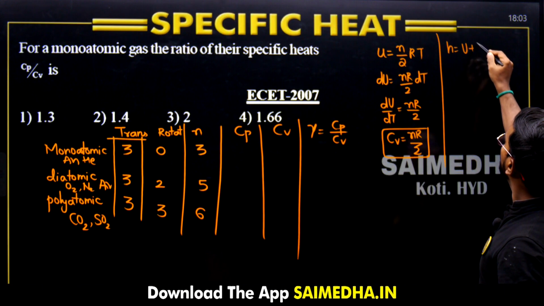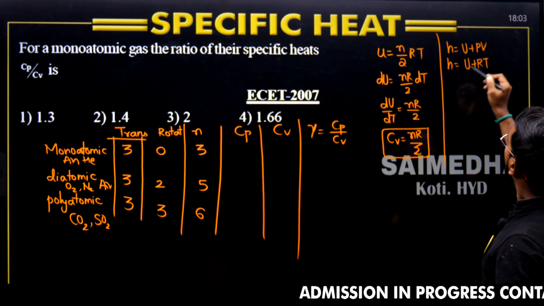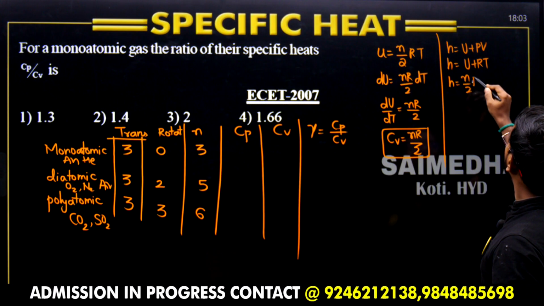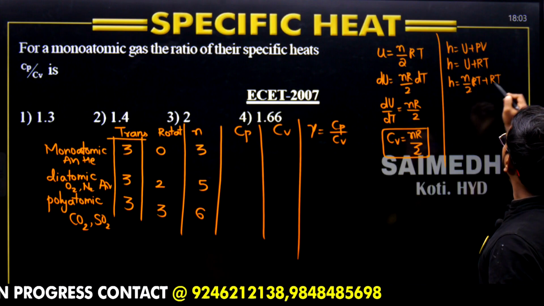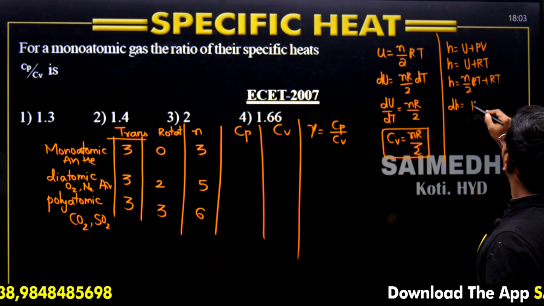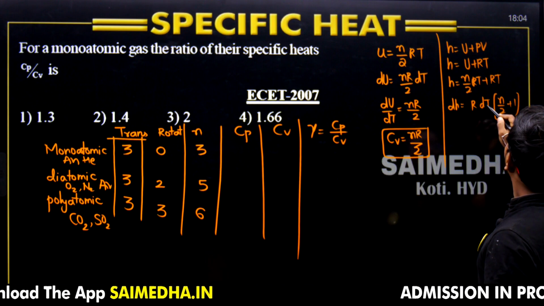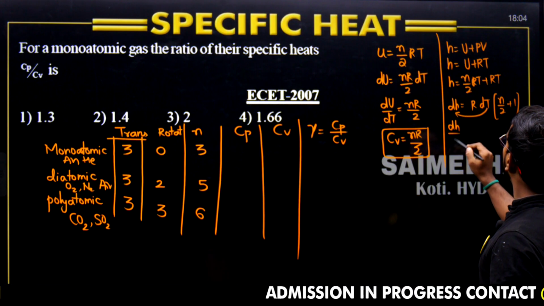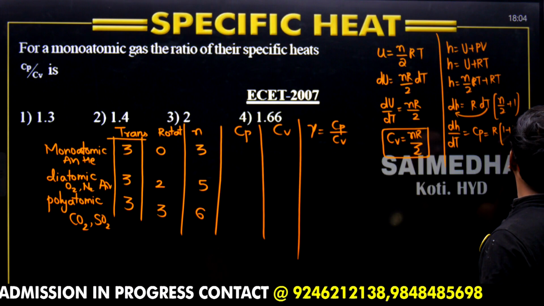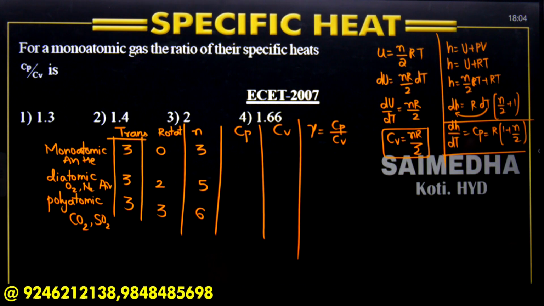H is equal to U plus PV, and PV is RT, so H is equal to N by 2 RT plus RT. dH is equal to, if you take R dT common, N by 2 plus 1. dH by dT is equal to Cp, and this Cp formula is R into 1 plus N divided by 2. So, this is the formula for Cp.